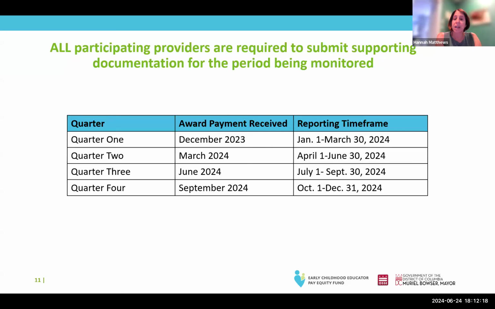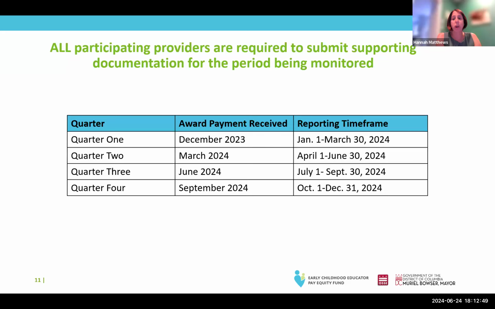However, because providers were not required to increase staff salaries until after they received their first payment, childcare providers that received a payment in quarter 1 will be monitored for compliance with salary requirements in the quarter following receipt of the first payment. So in that case, for quarter 1, those dates would be January 1st through March 30th, 2024.